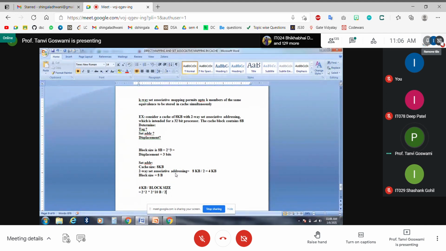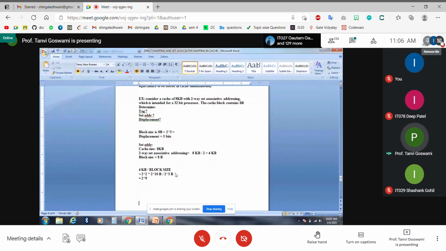If we simplify this, we get 2 raised to 9. So a set address requires 9 bits, because here it is 2 raised to 9.